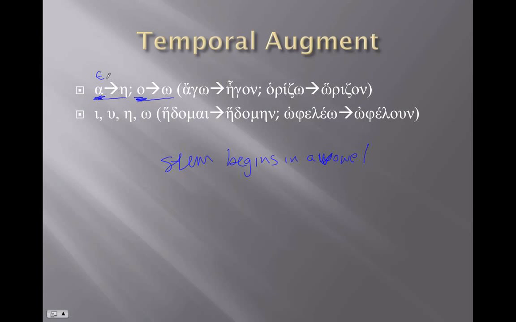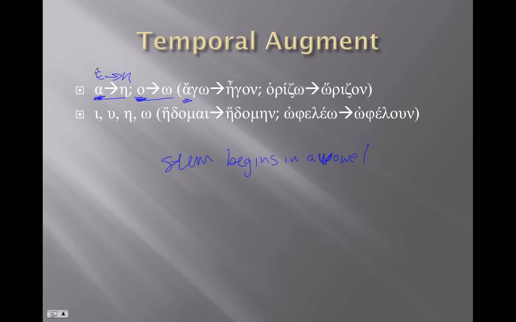Alpha becomes an eta, an epsilon becomes an eta, omicron becomes an omega. So a couple of examples. Ago, stem begins in alpha, that lengthens to, in the imperfect, agon. Or horizo, to divide, the omicron becomes an omega, horizon.